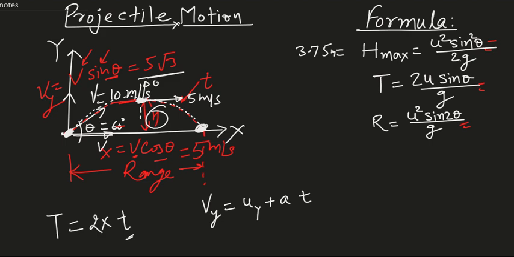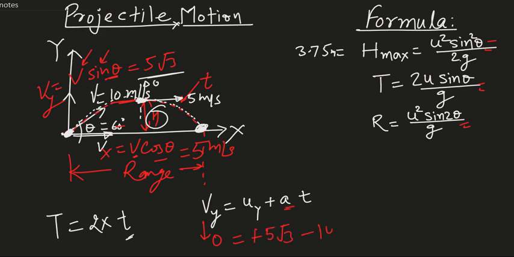This is the y component when this particle reaches this point. So the y component at the point where the height is maximum is 0. uy is plus 5√3.